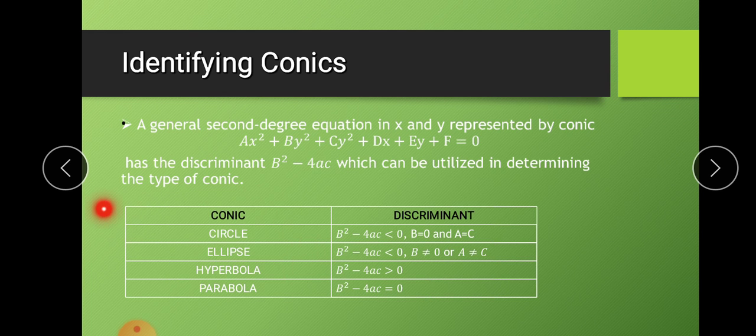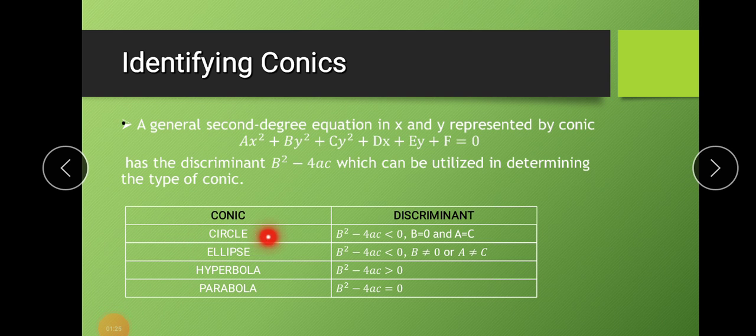As we can see in this table, there are different types of conic: circle, ellipse, hyperbola, and parabola. And each conic has a discriminant.